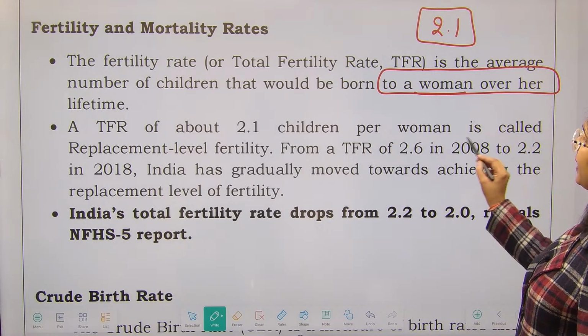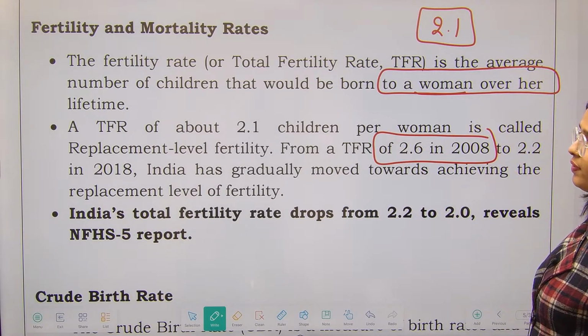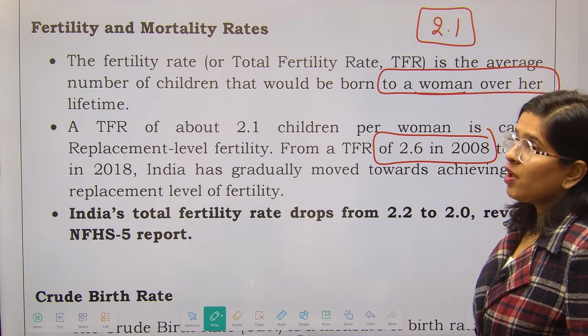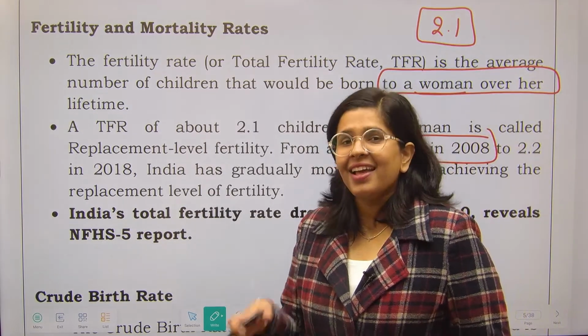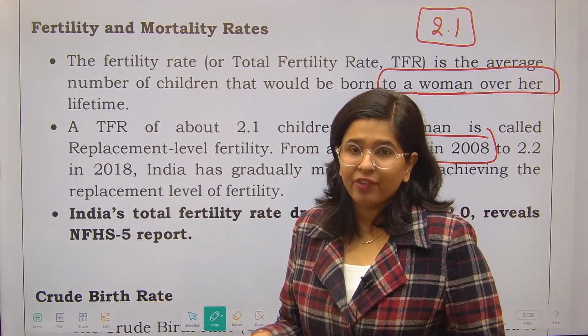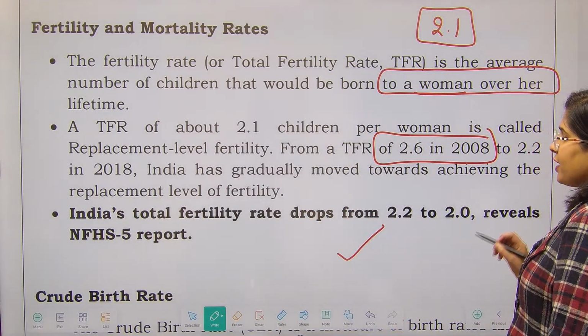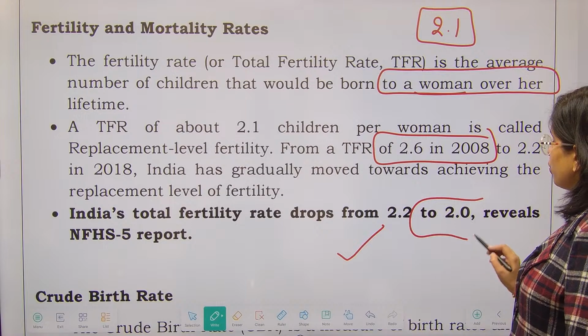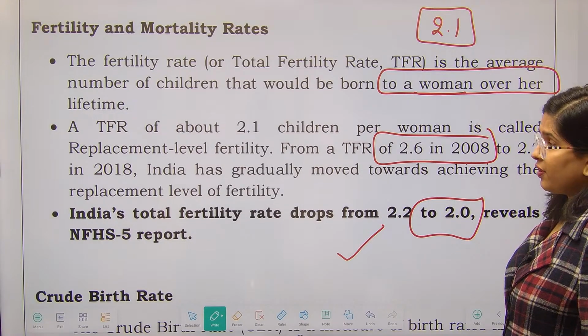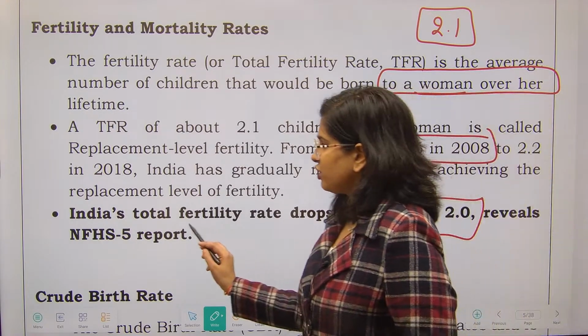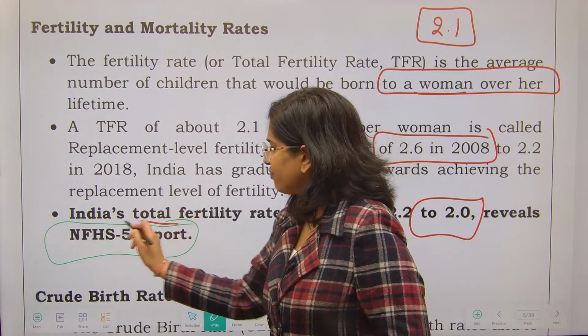From a total fertility rate of 2.6 in 2008, we have improved a lot, and the government data you need to remember is going to be this one. India's TFR has dropped from 2.2 to 2.0, reveals the NFHS 5, National Family Health Survey 5 report.